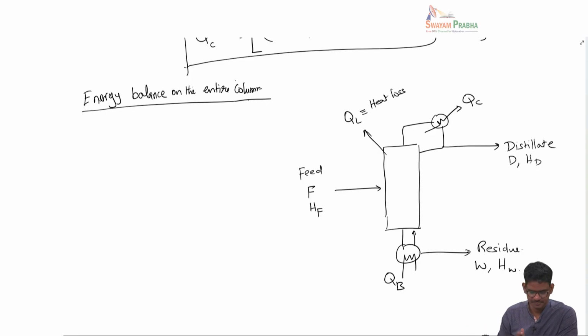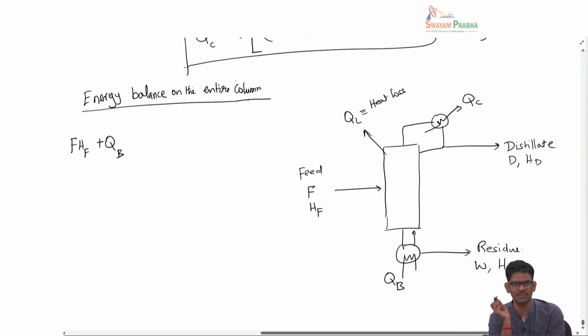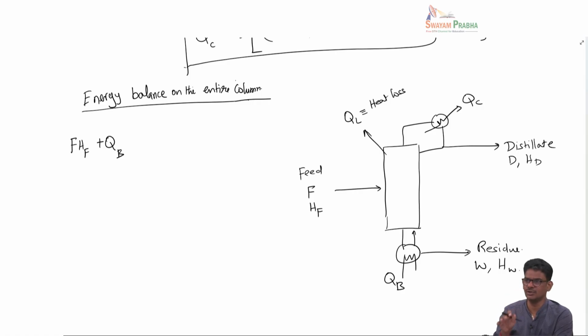entire column. If you see what is coming in, there is feed coming with an enthalpy of HF. So this much heat is coming to the column, and then QB is also coming into the column through the reboiler. So these are the two heat additions into the column. The feed is imparting some heat, and the reboiler is also adding some heat to the entire system.